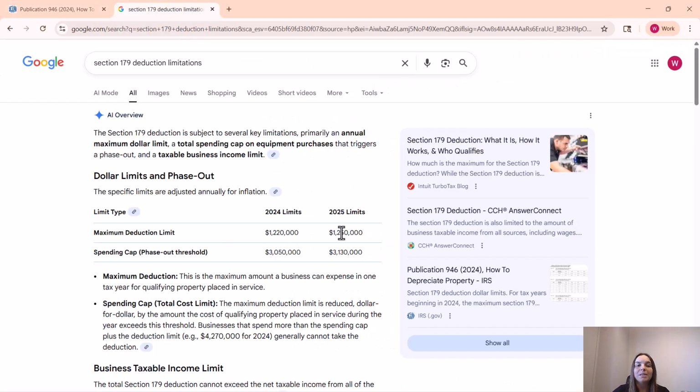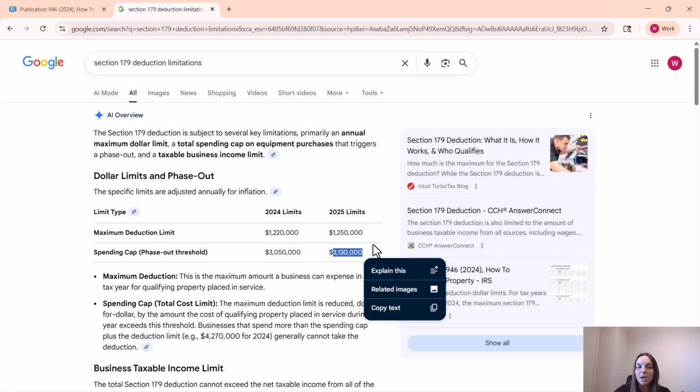For 2025, the limit goes up a little bit. So instead of this $1,220,000, we now have $1,250,000. The point where it starts to phase out in 2024 was this $3,050,000. Now it's $3,130,000. Okay, so this is modified for inflation.